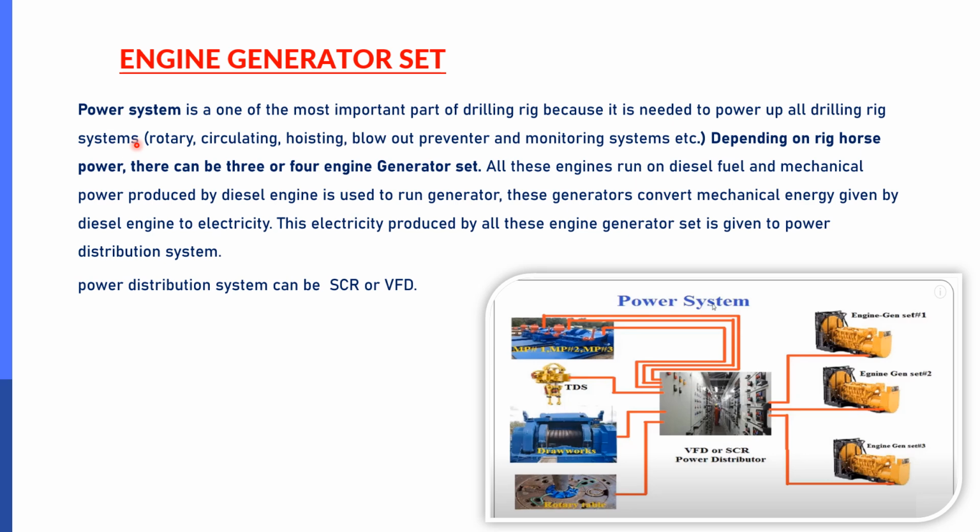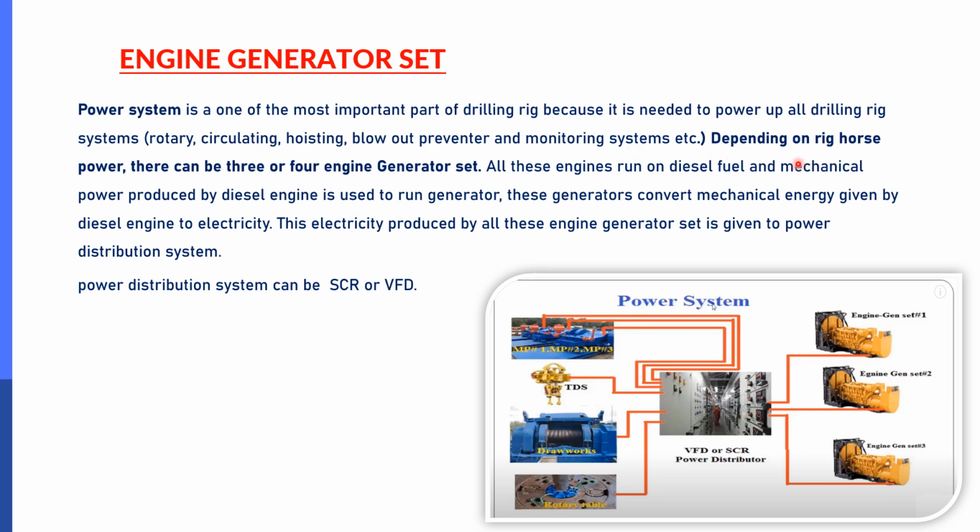We see the definition. What is an engine generator set? The power system is one of the most important parts of a drilling rig, because it is needed to power up all drilling rig systems and equipment. What are those systems? Rotary system, circulating system, hoisting system, blowout preventer, and the well monitoring system.